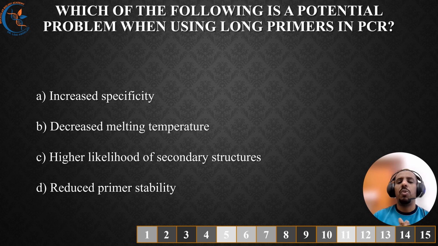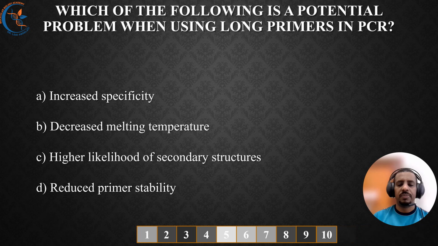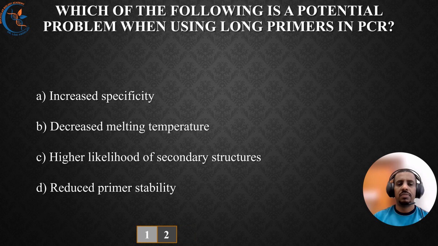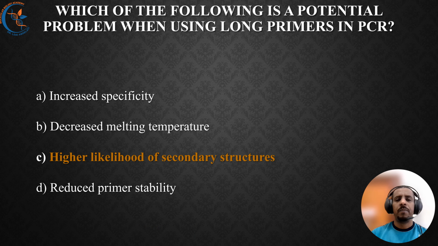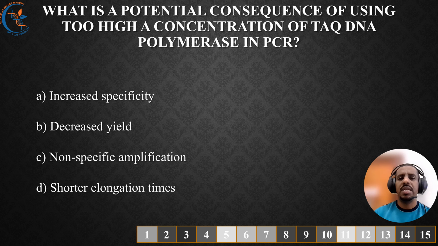Which of the following is the potential problem when using long primers in PCR? All right, longer primers are more likely to form secondary structures, such as the hairpins, right? Which can interfere with the primer binding and reduce the efficiency of PCR reactions. Okay, let's move on. Okay, the next question here.